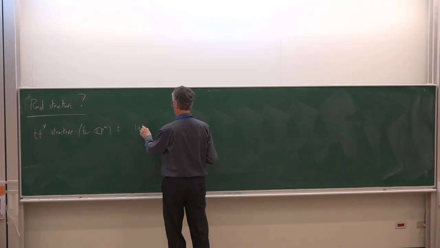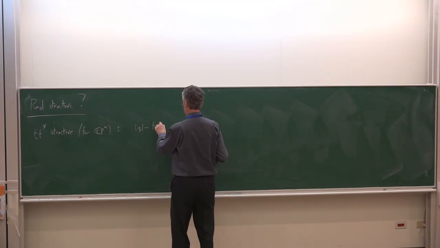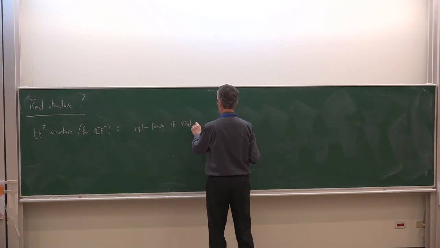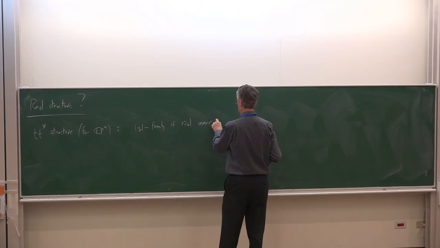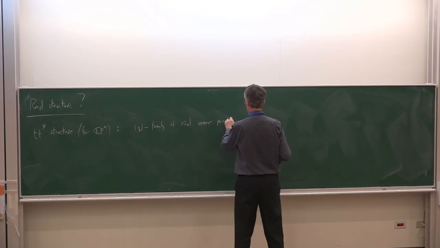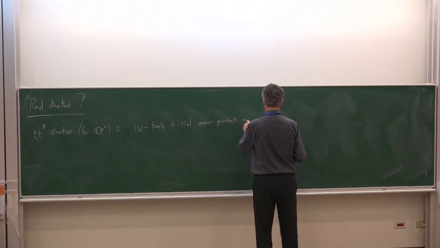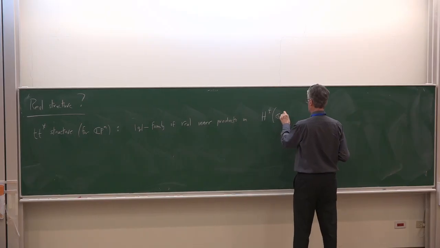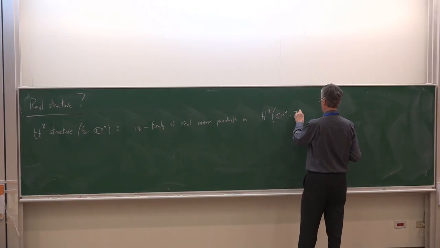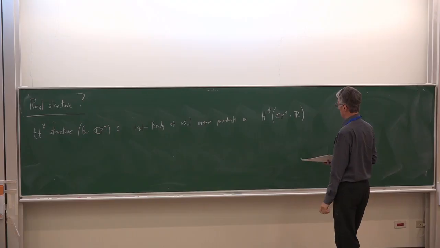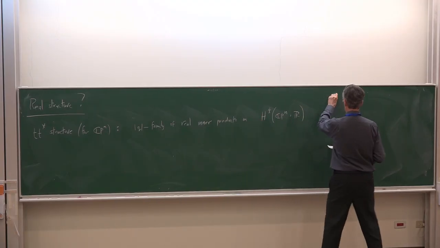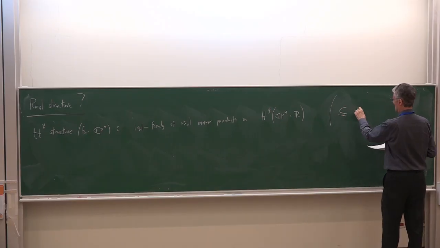Well, it is a family of metrics, actually real inner products, on the cohomology space, the real cohomology space. Although perhaps better to say this is a subspace of a complex one.